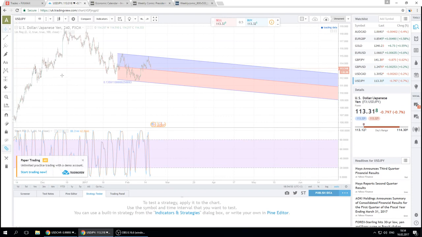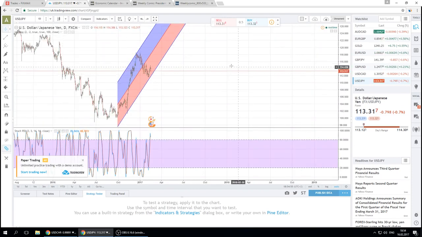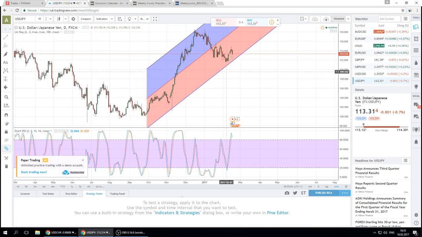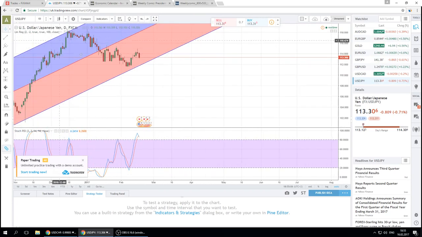Let's switch to 1 day. 1 day shows us that the global prices for the American dollar are going up. We see here that each candle shows us the changes in price for 1 day.